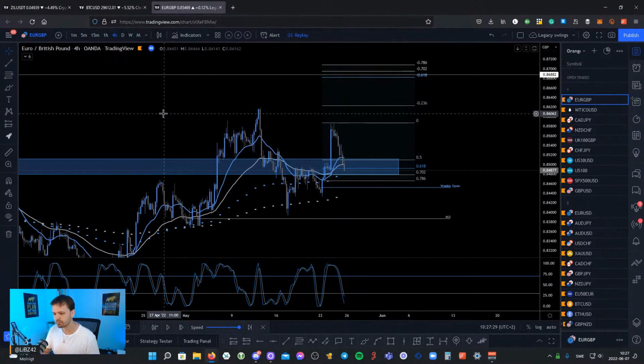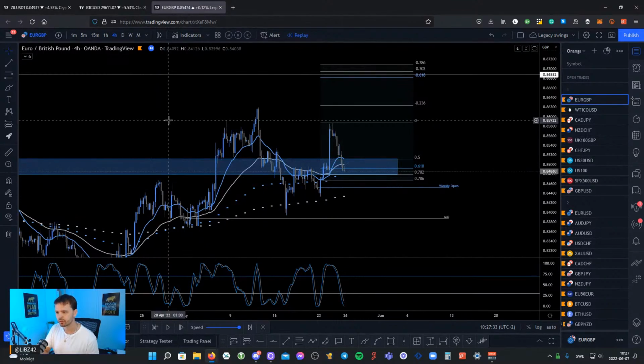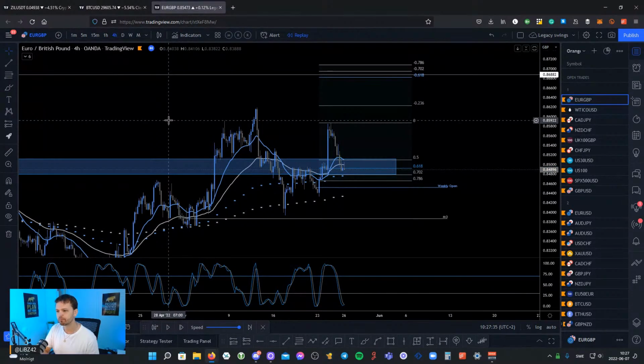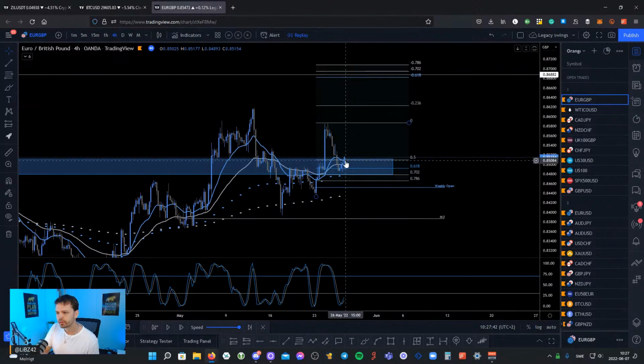So the confirmation would then be bullish engulfing in the stochastic, and I do believe I entered on this candle right here.